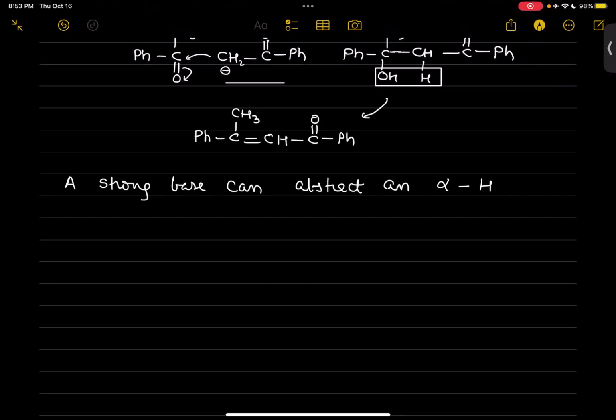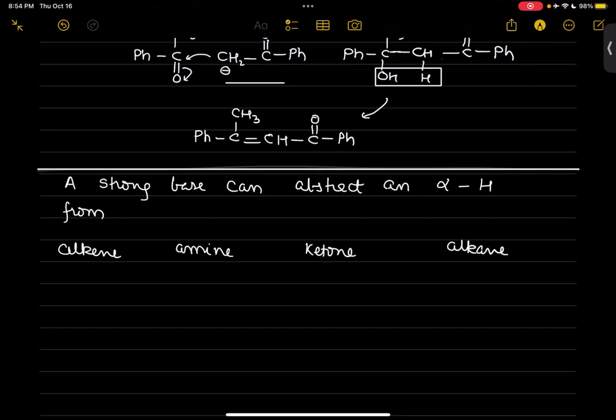Alpha hydrogen from a strong base can extract alpha hydrogen from alkene, amine, ketone, or alkane. Okay. So what should be the answer?